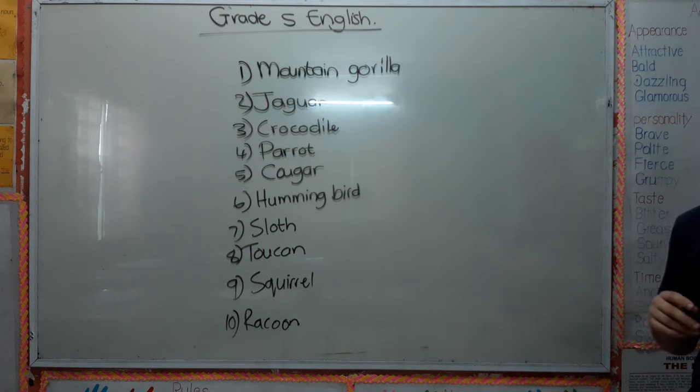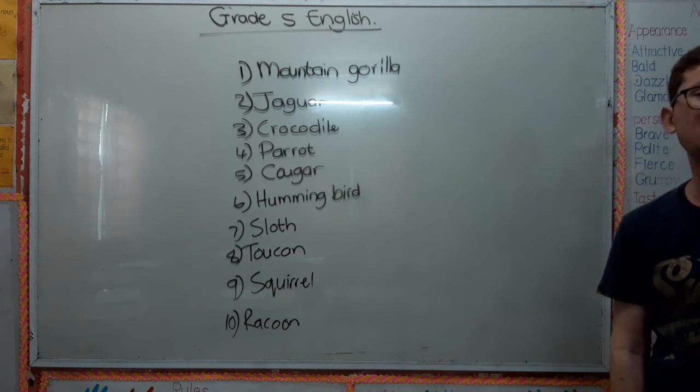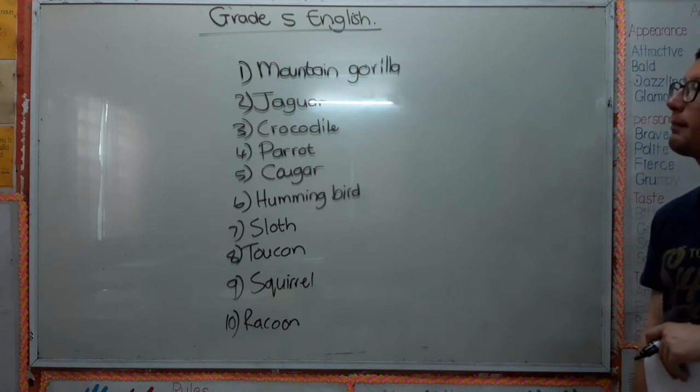Like I said to you last week, I will show you a picture and you will need to identify the animals by looking at the picture. Okay, so please guys, you need to go onto Google or the internet to see how each of these animals looks. So let's just go through them one by one.